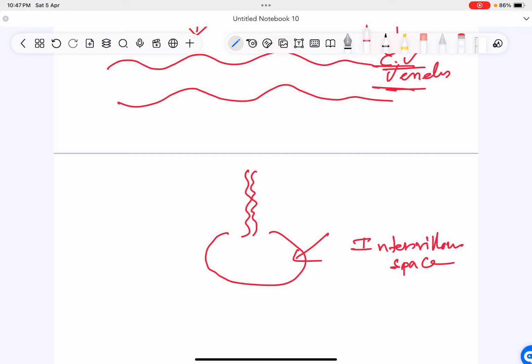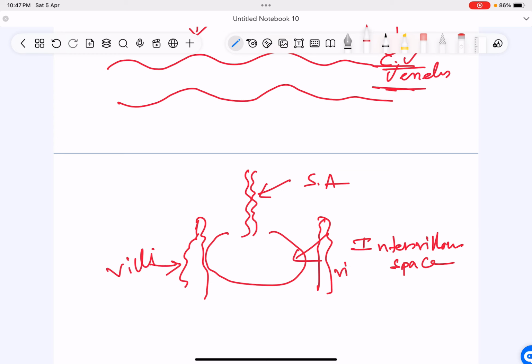So suppose there is a villi over here and villi over here. So this is a spiral artery and this is a villi and this is another villi. So in this intervillous space spiral artery will end.